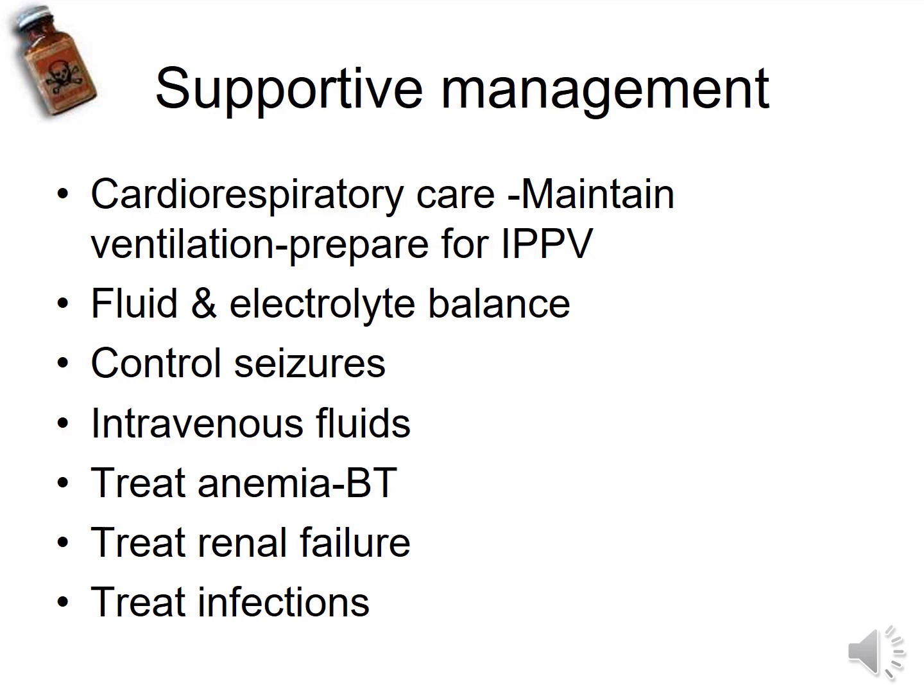Then correct the fluid and electrolyte imbalance. If there are seizures, control them with anti-seizure medications. Give intravenous fluid to perfuse the child. Treat anemia by giving blood transfusion. Treat renal failure and treat infections by giving antibiotics.